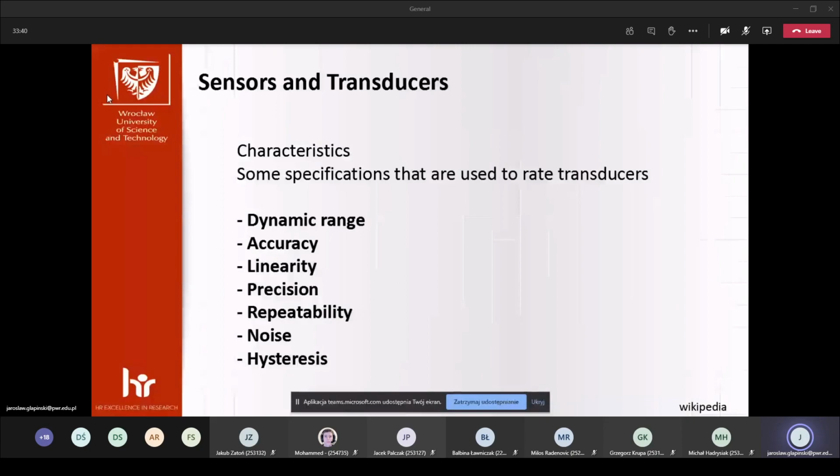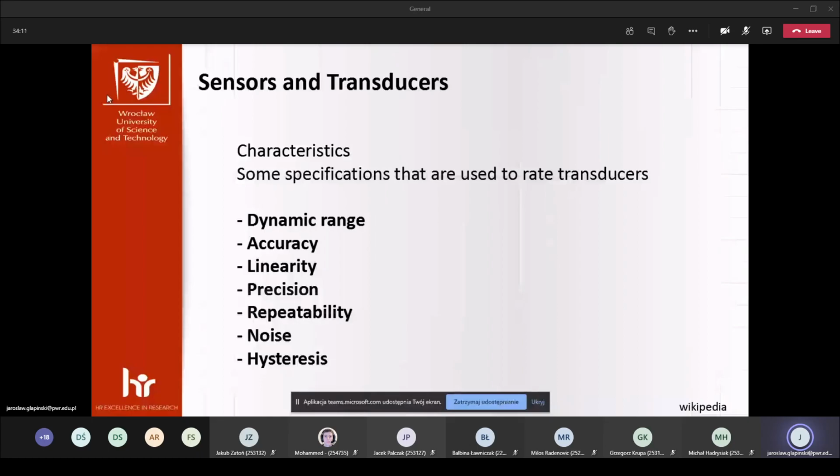Okay, so this is a general definition of specification. They are used to describe the sensor and transducer. So first of all, we've got the dynamic range of the sensor or transducer. We've got accuracy, linearity, precision, repeatability, noise, and hysteresis. I will describe each of these.